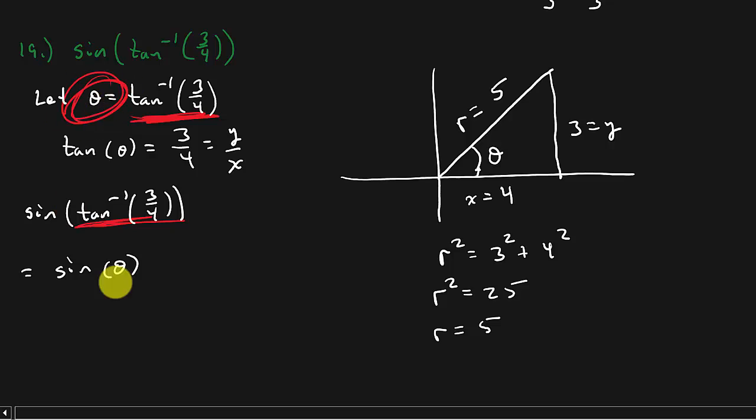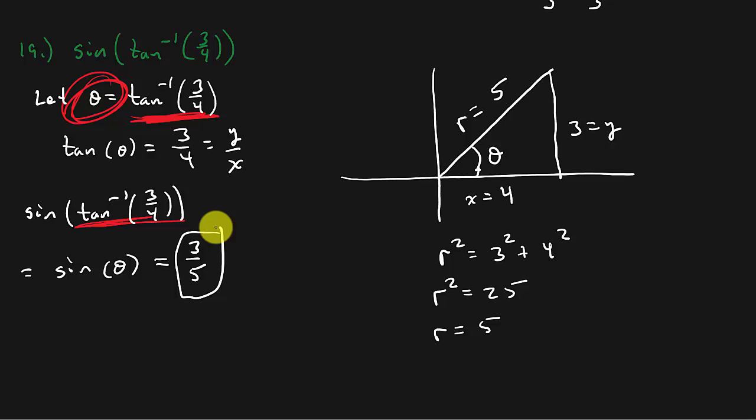It's theta. I just replaced that with theta. So the sine of theta, see there's our angle theta. Theta is what? Y over r, or opposite over hypotenuse. So that's equal to 3/5. That's my answer.